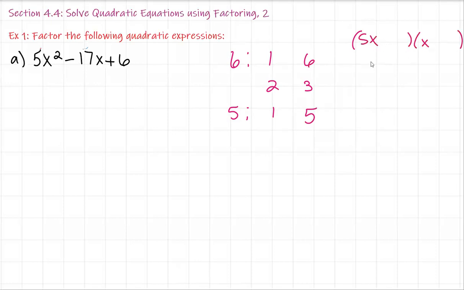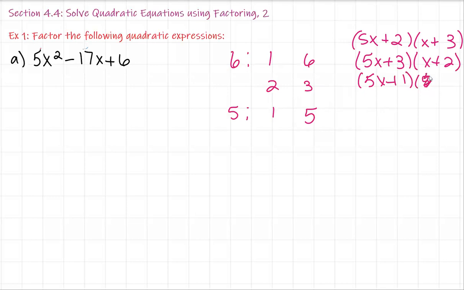The issue is that I have 4 possibilities here, because 5x plus 2 times x plus 3 is going to be a very different product from 5x plus 3 and x plus 2. Same thing with 5x plus 1 times x plus 6. That's going to be different from 5x plus 6 and x plus 1.